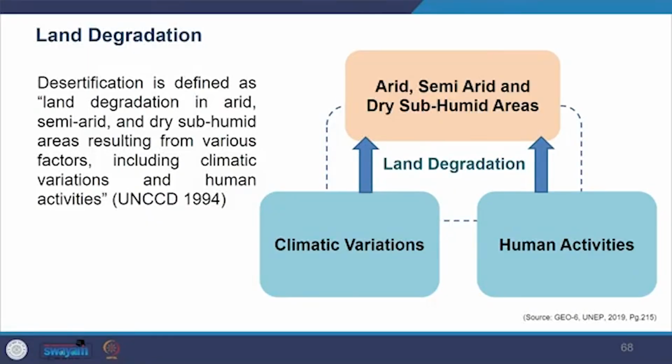And in the range of problems, we also see desertification. Desertification, if you look at the definition, is defined as land degradation in arid, semi-arid and dry subhumid areas resulting from various factors, including climatic variations and human activities. So both by the variations and our activities, we see this kind of degradation in the land. And the range of desertification is happening, and the range is from 15% to 63% globally.